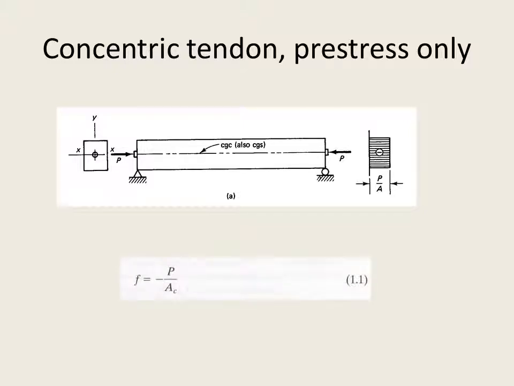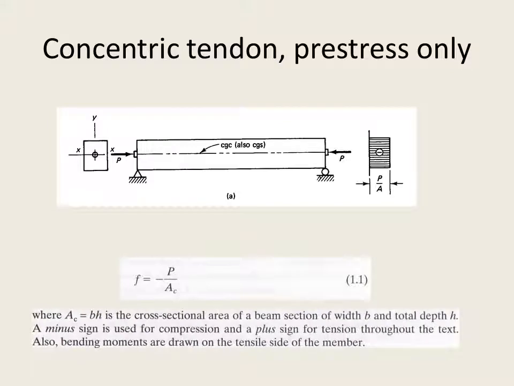So the stress for concentric tendon and pre-stress only is negative P over A_C. A_C is the area of concrete, base times height.